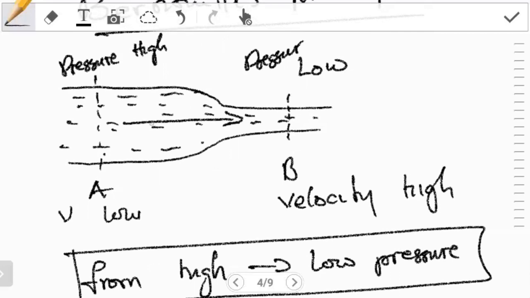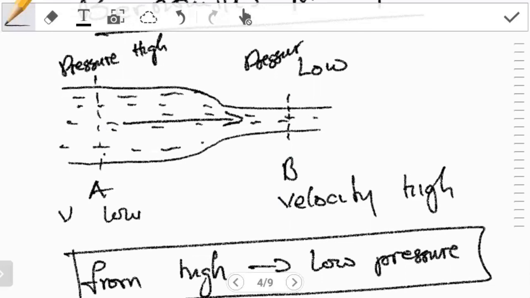So it only makes sense that point B is going to be at low pressure to enable the fluid to move in that particular direction. Okay, so that is a simple explanation that you guys can look at to help you understand why Bernoulli's principle actually holds in this case.